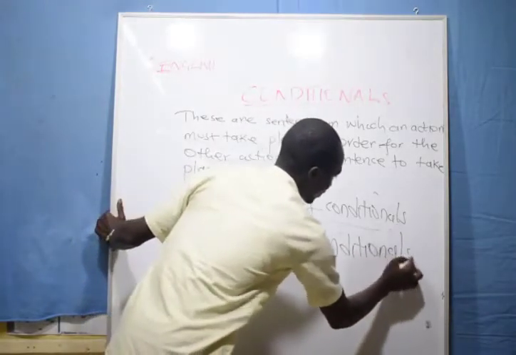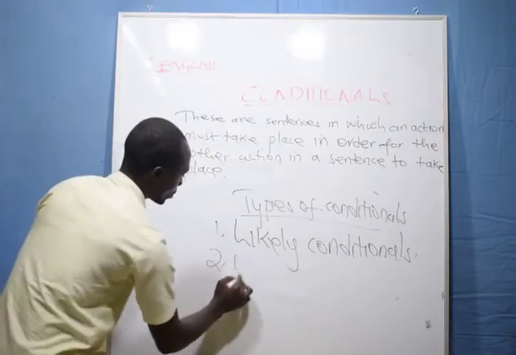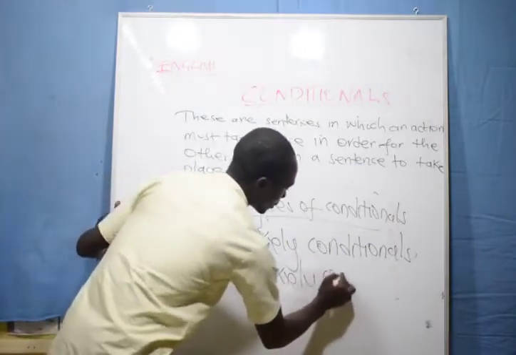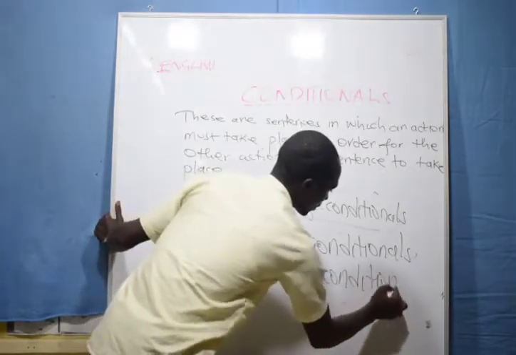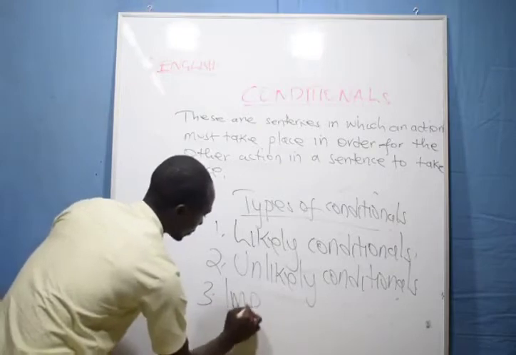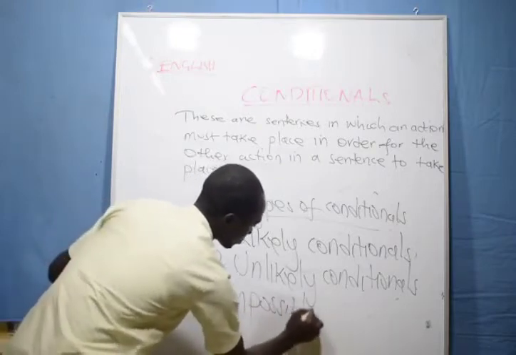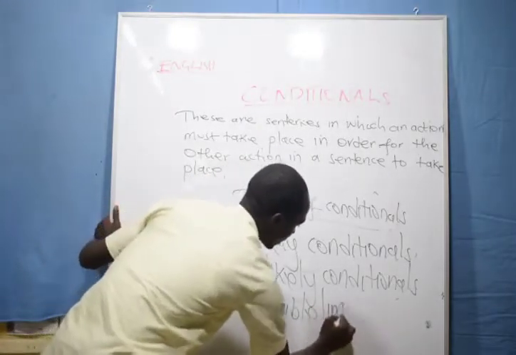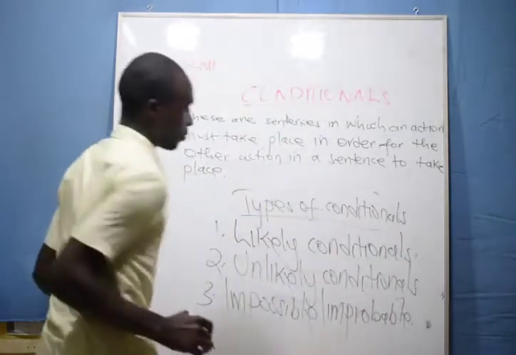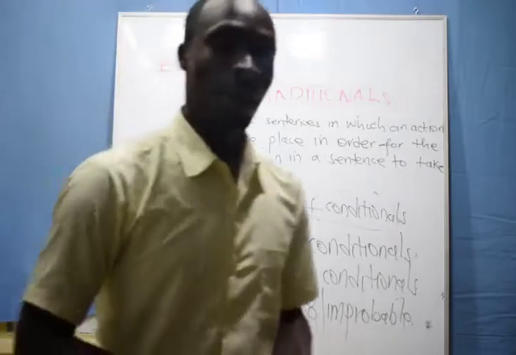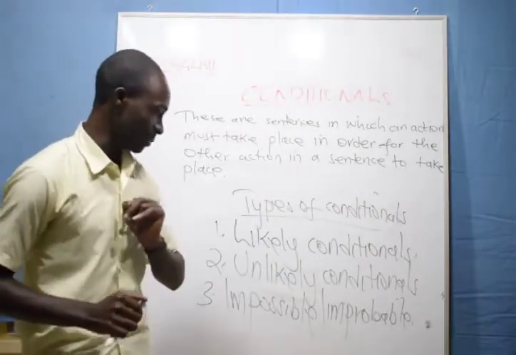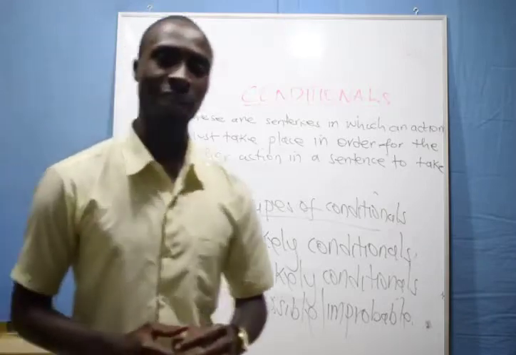Number two, unlikely conditionals. Then number three, impossible or what we call improbable conditionals. So I've written three: likely, unlikely, and impossible.